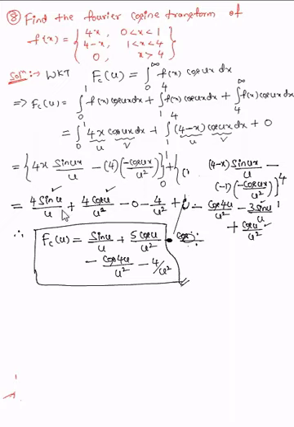Right? So this is the simplified term, and this is the required cosine transform format for the problem here. So this is how we can find the Fourier cosine transform for this.